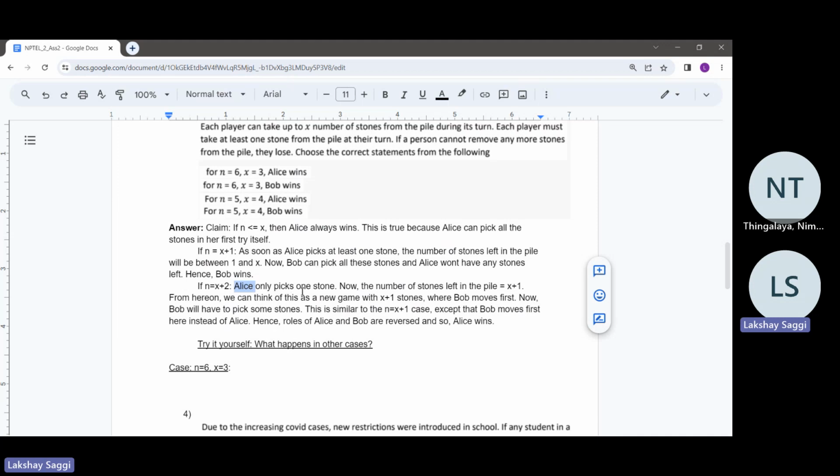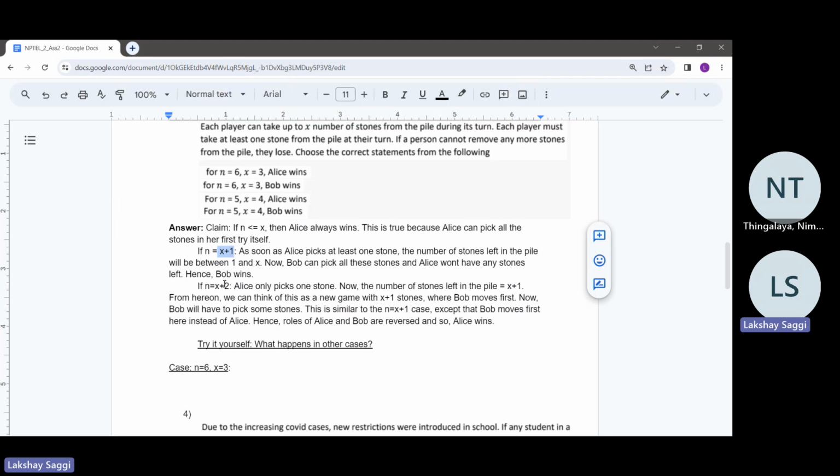Alice only picked one stone so that the n equals x plus 1 case arises, and now Bob will have to pick first, and so Bob will lose. The smart step taken by Alice was to just pick one stone. So she reduced this x plus 2 case to this x plus 1 case, and that's how she won. That's a 100% sure shot way that Alice will ensure herself a victory.